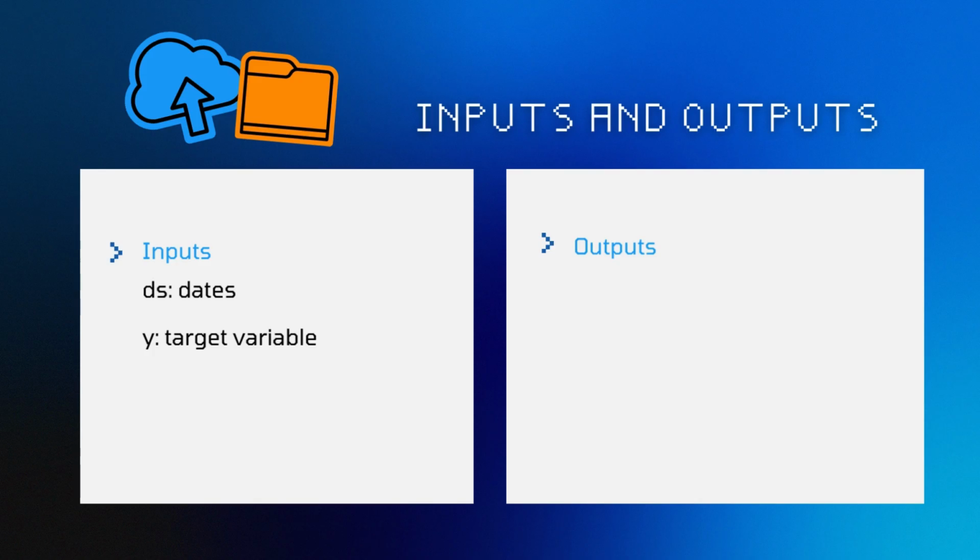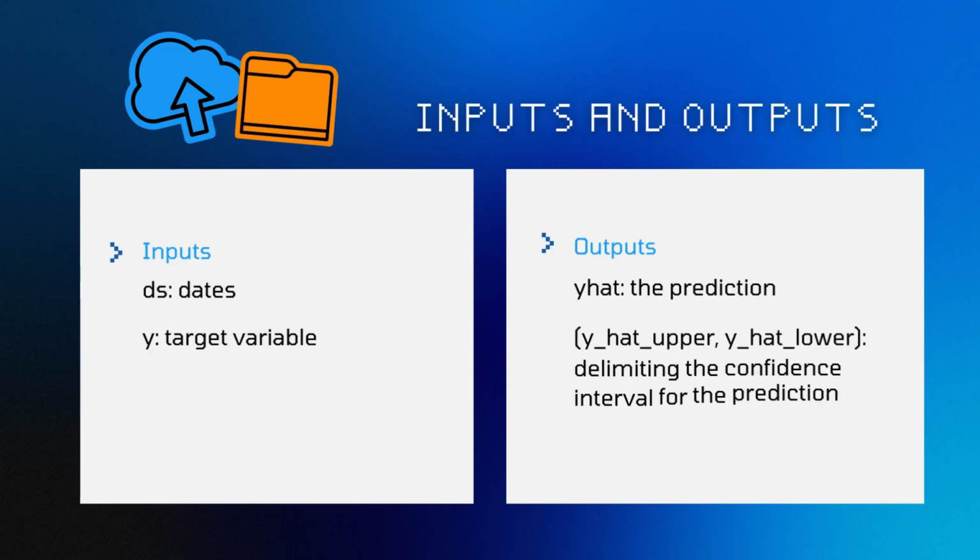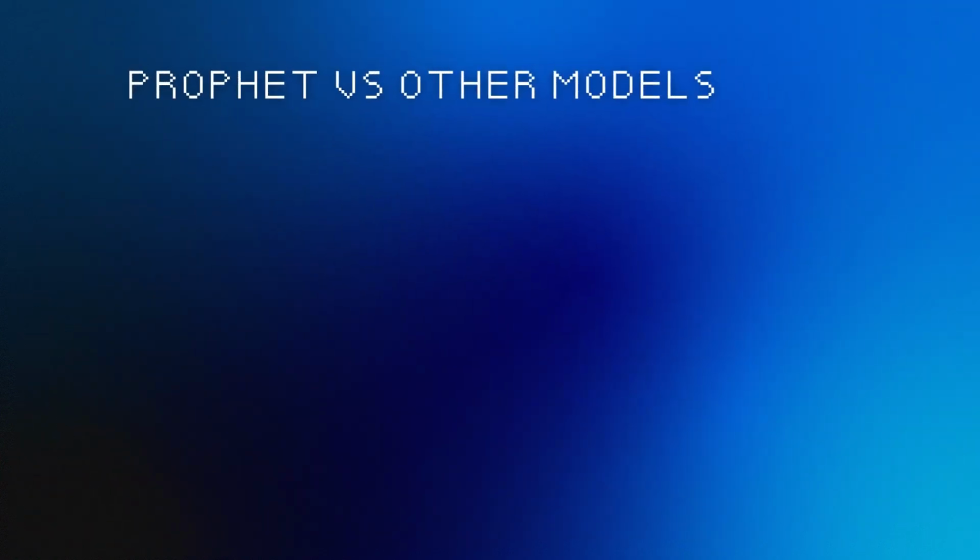When Prophet generates a forecast, it gives us Y hat, the predicted value, Y hat lower, and Y hat upper. These are confidence intervals helping us understand the range of possible values. You can also add extra input like holidays and external regressors, but these are out of the scope of this first video. Now that we understand the basics, why should you use Prophet?